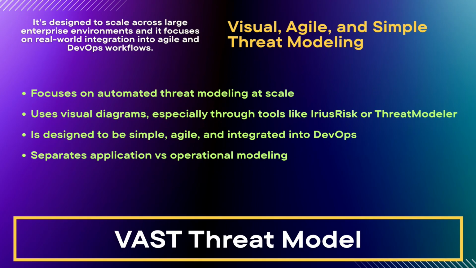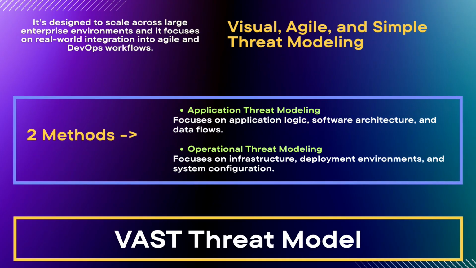Okay, now we're moving on to a modern threat modeling approach, which is VAST. This stands for Visual, Agile, and Simple Threat Modeling. Now, what makes VAST different from other models like STRIDE or PASTA is that it is designed to work in large companies, especially those using Agile or DevOps workflows. The goal in this model is to let each team focus on their risks without slowing down the development process. And as the name says, it uses visualization tools to make everything easier.